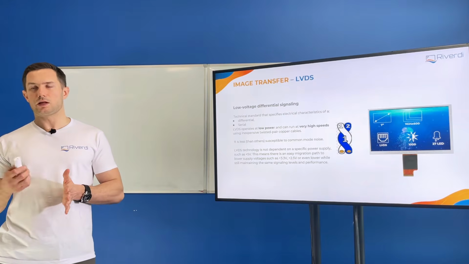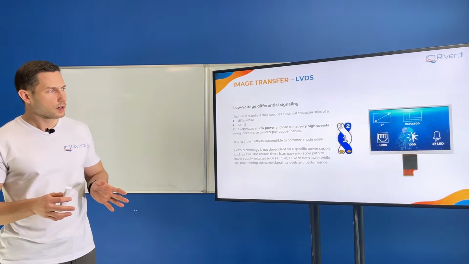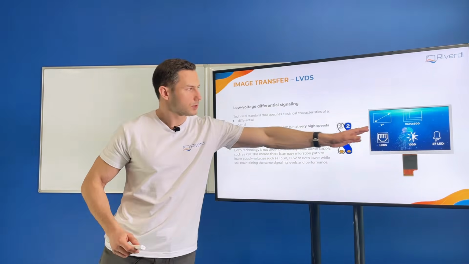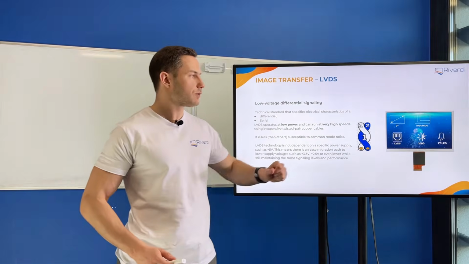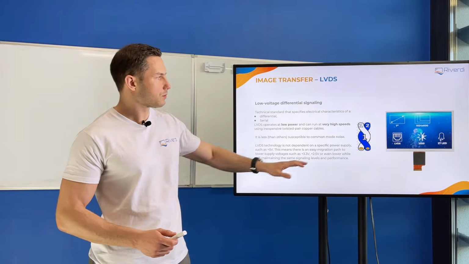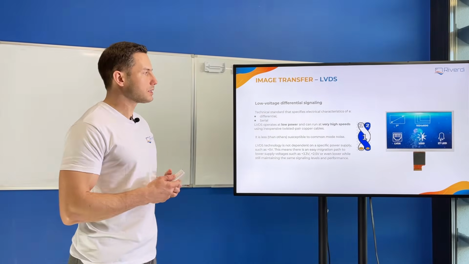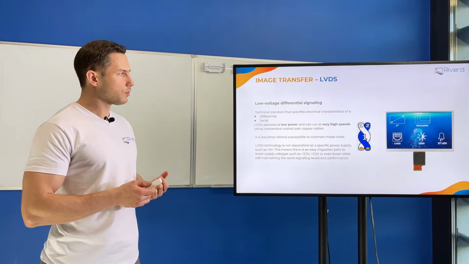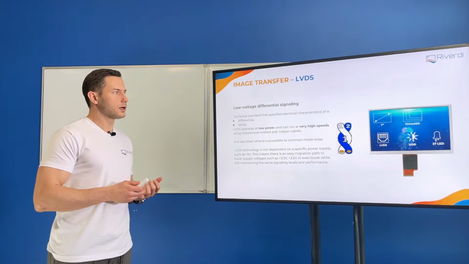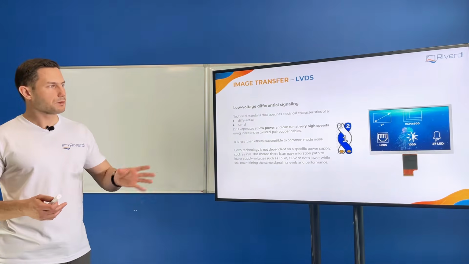Yes, and if we imagine how much data it is, we need to multiply the resolution of the screen. So for example, a 7-inch LVDS display will have 1024 by 600, so more or less 600,000 pixels.